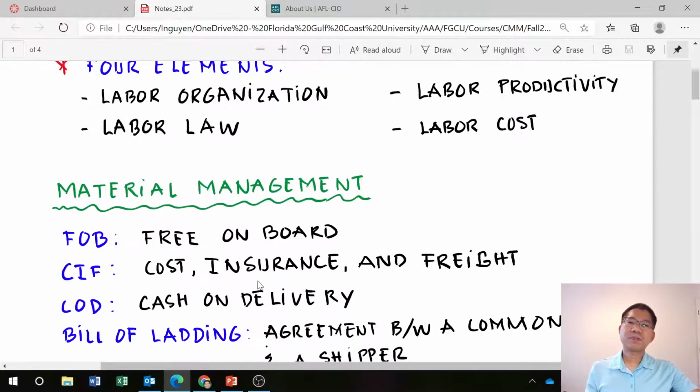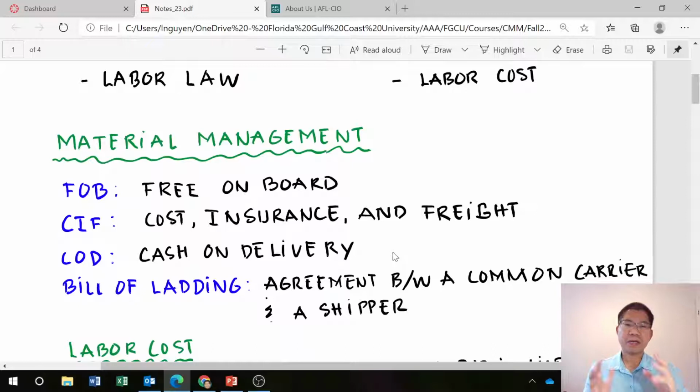In terms of material management, the second most important resource for the project: labor, material, equipment, and money. So a few terms that I want to introduce before we go to the PowerPoint slides.